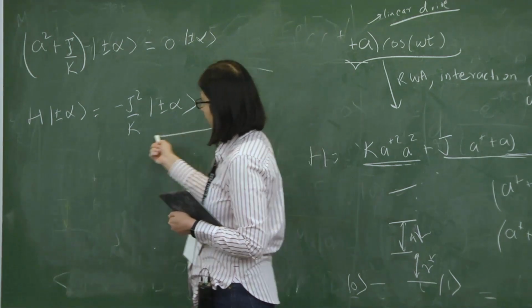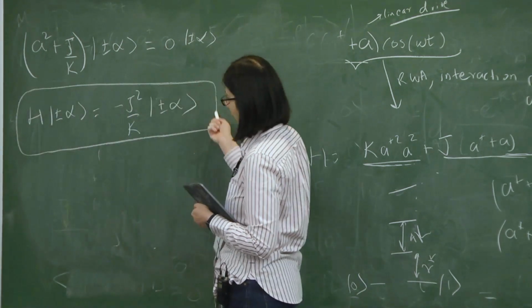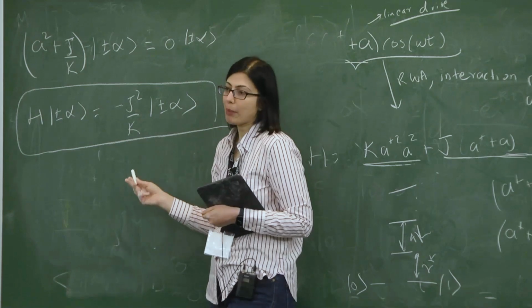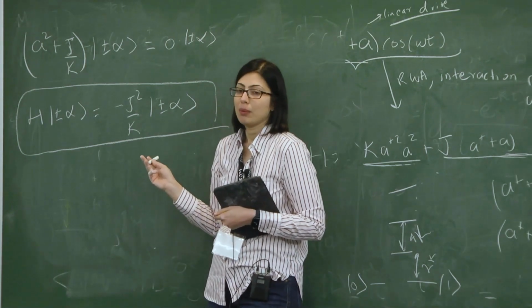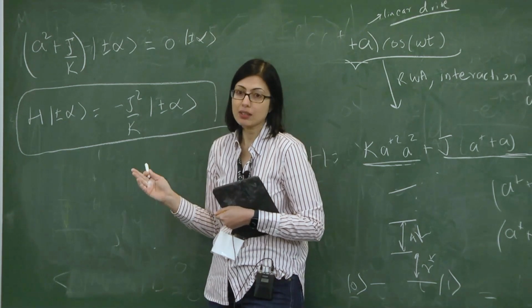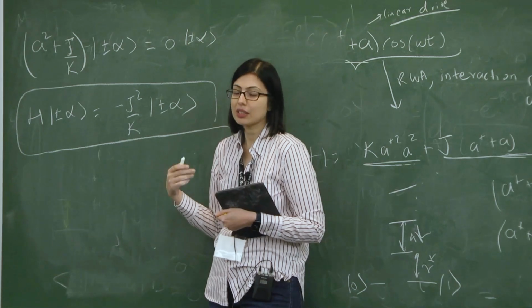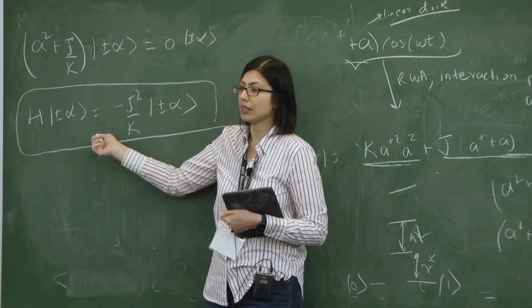So these two coherent states, which have the same amplitude but different phases, are the eigenstates, or the degenerate eigenstates, of this Hamiltonian.